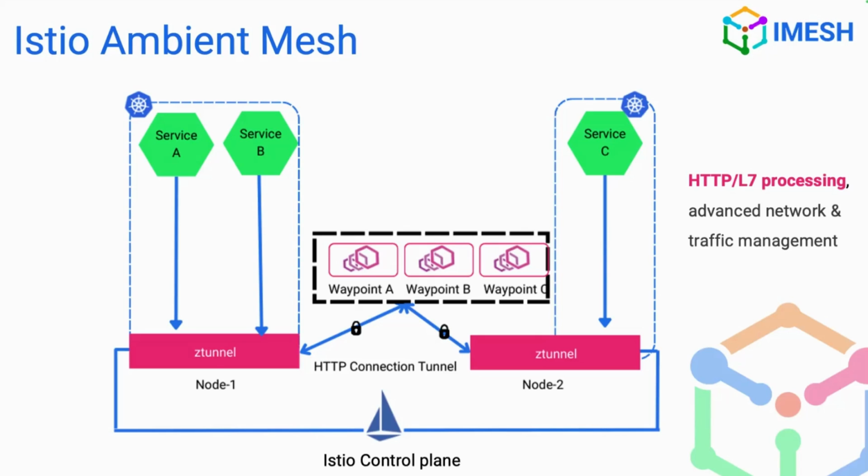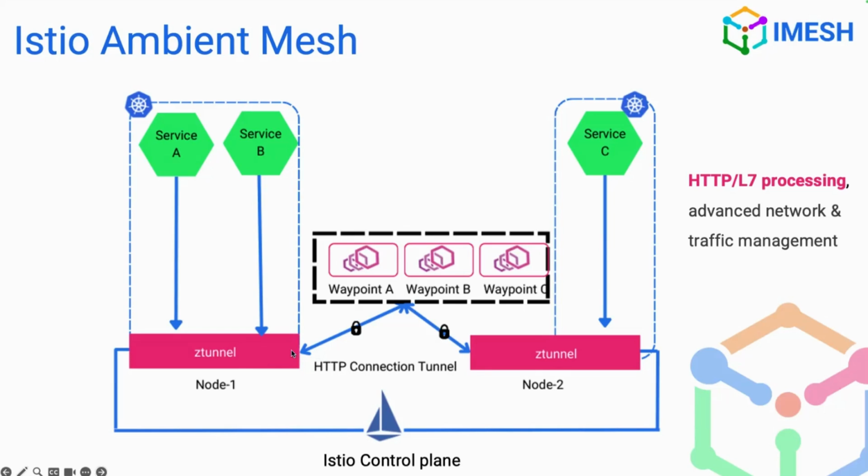But for how it works, here we are not having sidecars. We will be having ztunnel. Ztunnel is deployed on each and every node, and that creates a secure channel for the communication between each and every node.